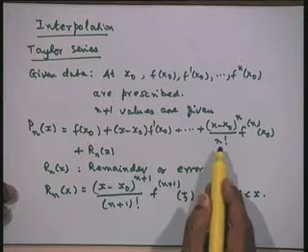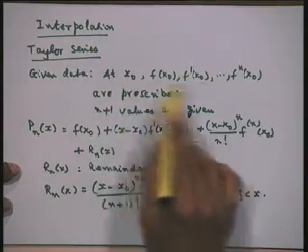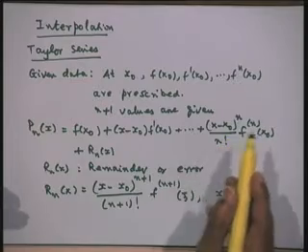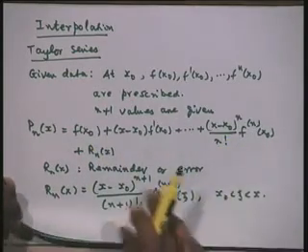Now, this Taylor series can be taken as an interpolating polynomial, but interpolating this type of data. So, the values at x naught are given at n derivatives, and then we can write down this as an interpolating polynomial.